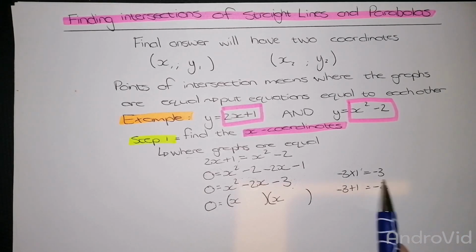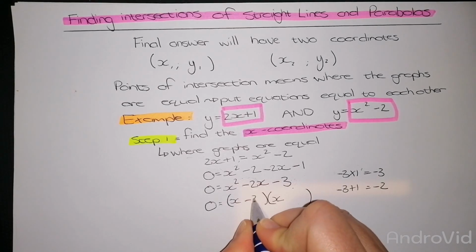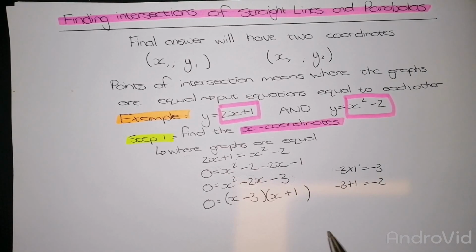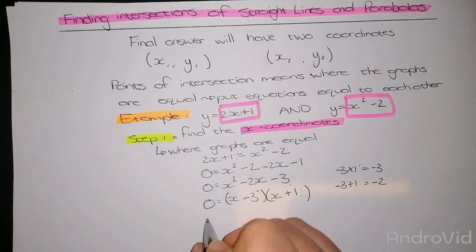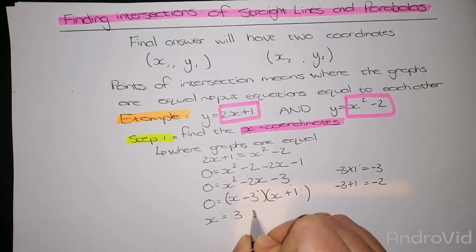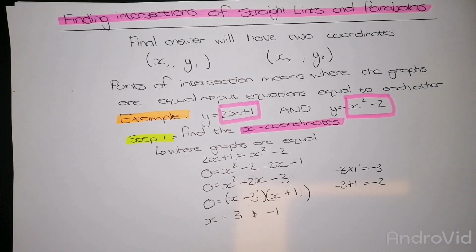Because both of these sets are correct, I can now add my numbers in there, which is negative 3 and positive 1. What I need to do now is I need to take these values out of my brackets. When I do that, I know that the symbol changes. So my x values will be equal to 3 and negative 1.